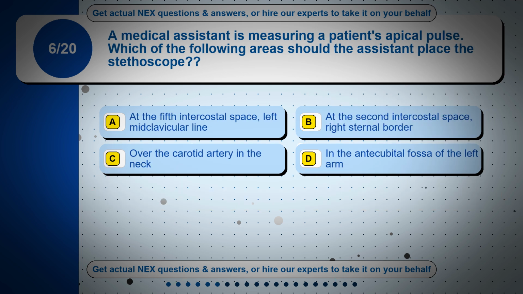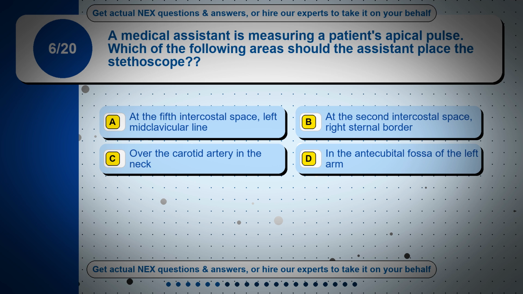Question 6. A medical assistant is measuring a patient's apical pulse. In which of the following areas should the assistant place the stethoscope? Option A. At the 5th intercostal space, left midclavicular line. Option B. At the 2nd intercostal space, right sternal border. Option C. Over the carotid artery in the neck.